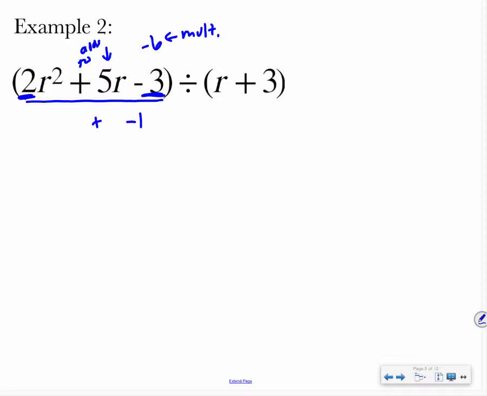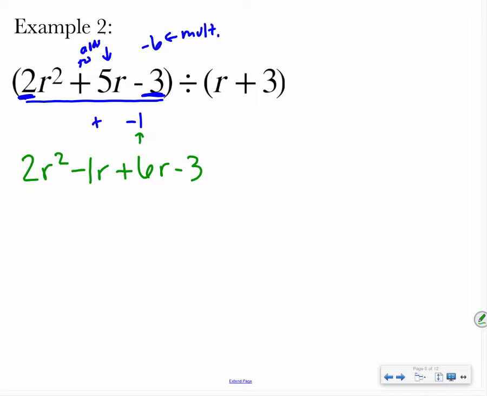Alright? Now remember when we did this, the way that we solved these was we would rewrite our quadratic, 2r squared, and if I do minus, I'm going to write my 1 in there just to help me remember that I'm using my 1, and then plus 6r minus 3.